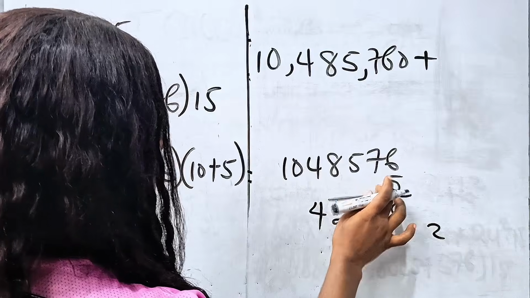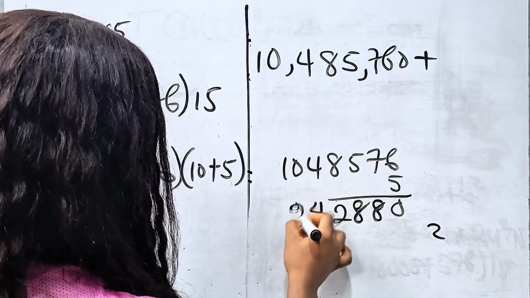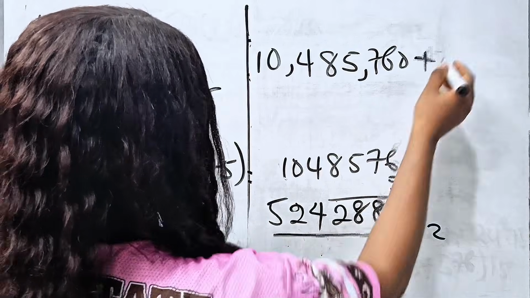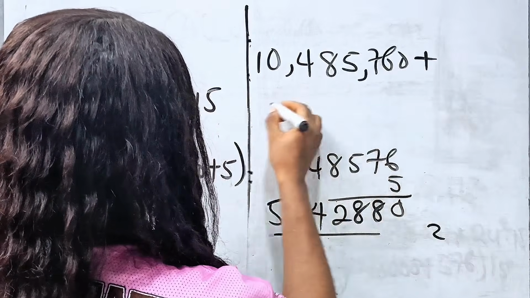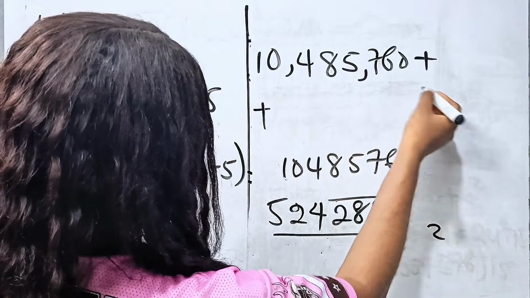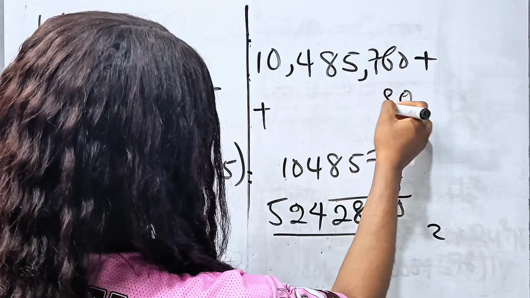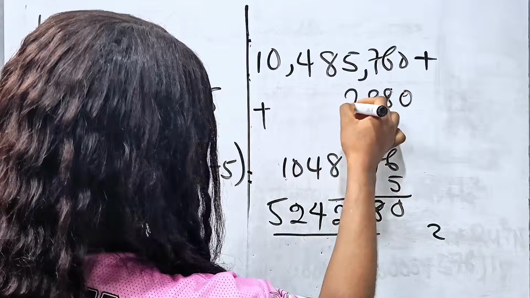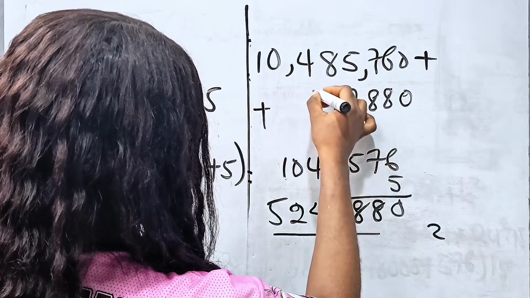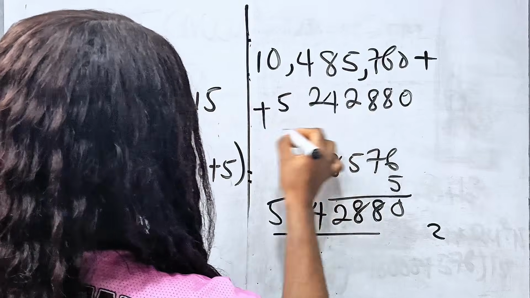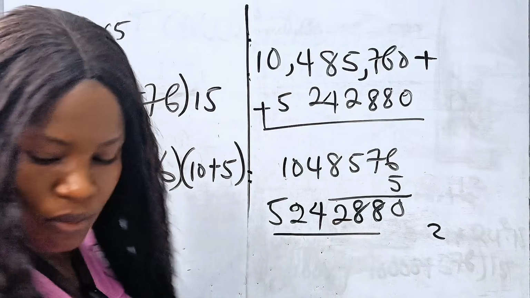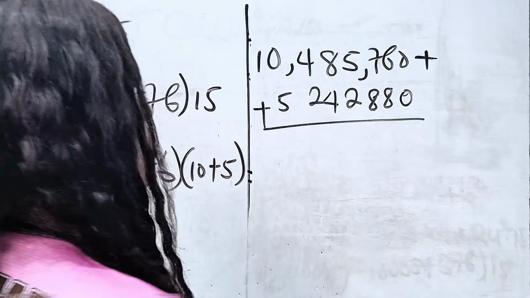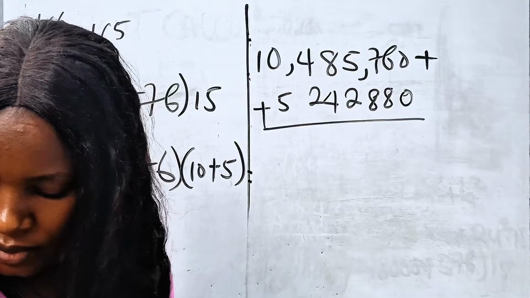And 5 times 0 is 0, bring 2 again. 5 times 1 is 5. So we have 5, 2, 4, 2, 8, 8, 0, which is 5,242,880. I'm writing it like this so that I can easily add them together.